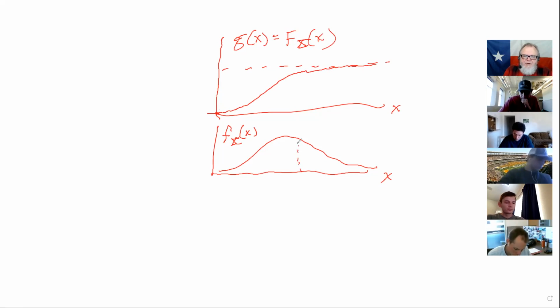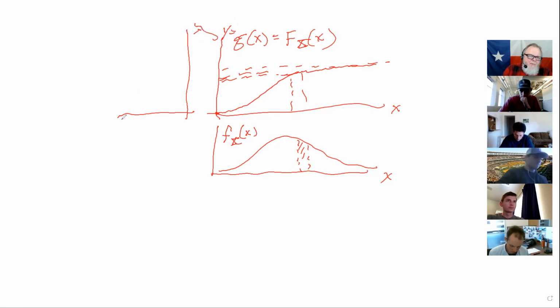We get a little piece here, and this little piece is going to come up here and transfer over to here. And on the side, this is y equal to g of x. And then if we look on the side, we have y, and we have f sub y of x. We'll notice something which is really interesting.